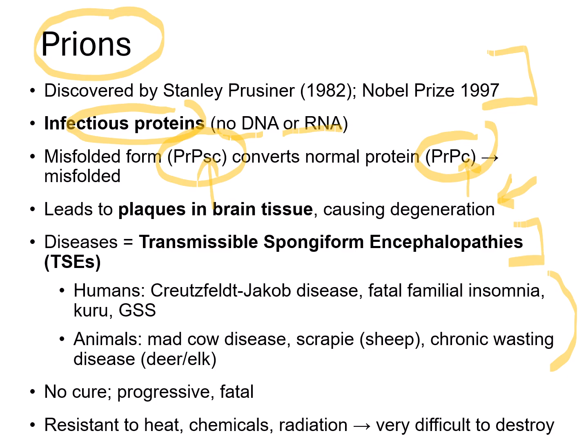Unfortunately, there is no cure, so this is always fatal. And what's even worse is that prions are extremely difficult to destroy. They are resistant to heat, chemicals, and radiation. Almost nothing can destroy a protein that's already misfolded, except for complete incineration.